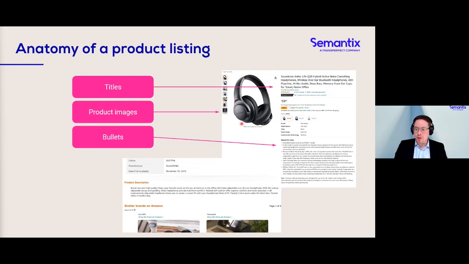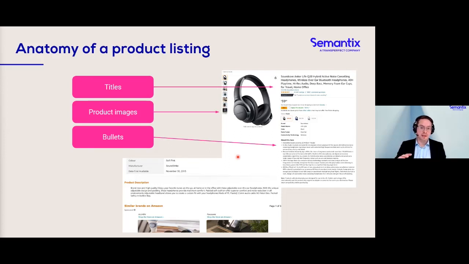So the images are broken down in your key visual, your first image. And best practice on Amazon is to have your product on a plain white background where you're emphasizing the product's main feature. So it's really clear what your product is and does. And then you also have other images, and these are known as secondary images. And these are an opportunity to highlight a special feature or function.